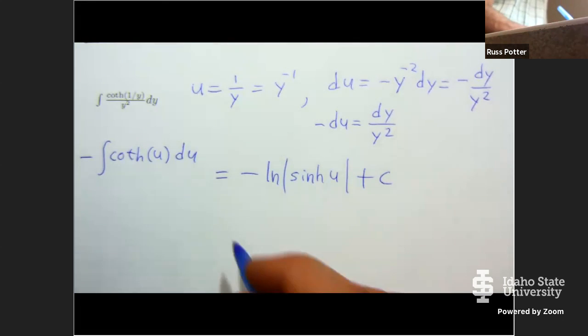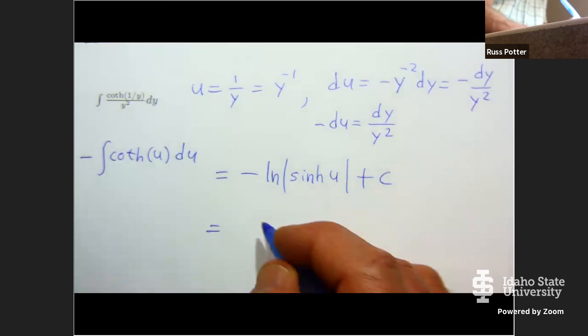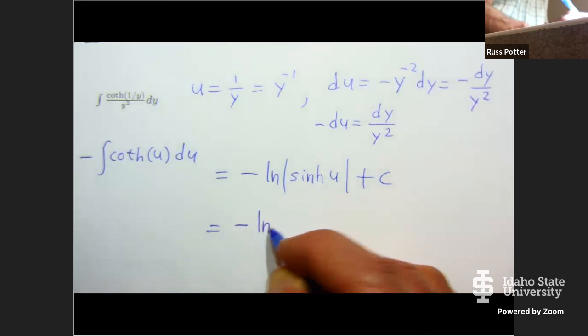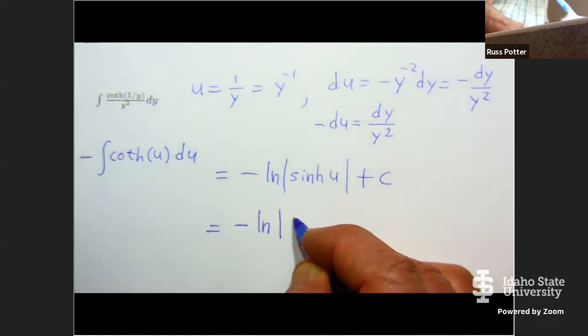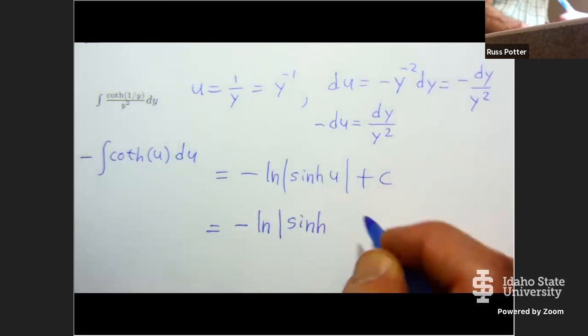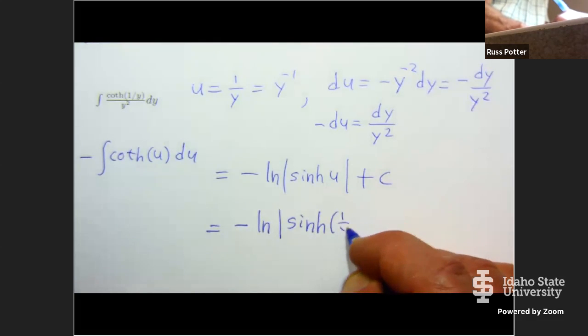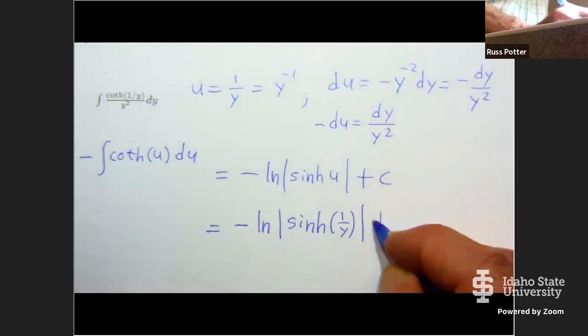And then the last step, replace u with 1 over y. So we get negative natural log of the absolute value of the hyperbolic sine of 1 over y plus a constant.